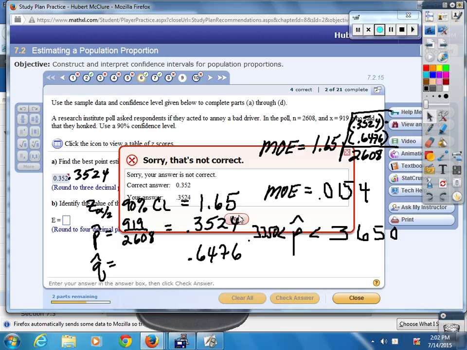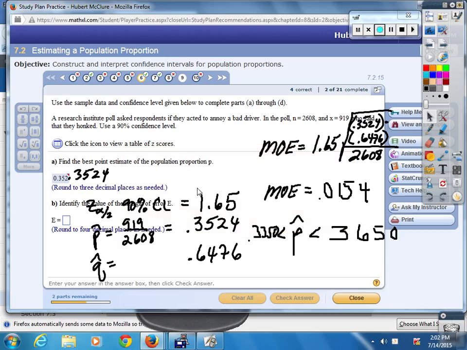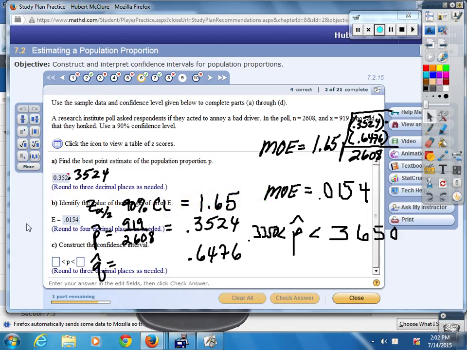Oh, they just want 3. Okay, that's fine. I wouldn't mark that wrong if you did that on a test. All right, margin of error is 0.015 or 0.0154. Can't hardly see up here, it's so dark.